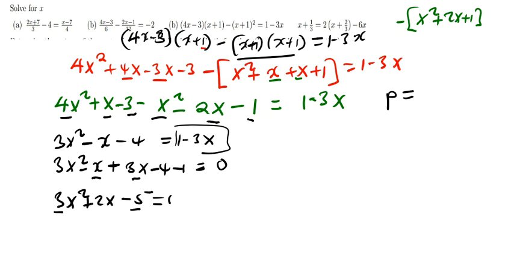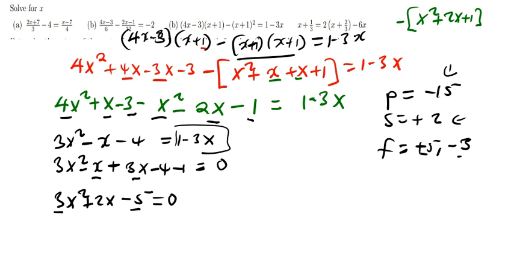The product is negative 15, then the sum is positive 2. What are the factors? So the factors will be positive 5 and negative 3. Positive 5 times negative 3 is negative 15. Then if I add this and that, it will give me this.